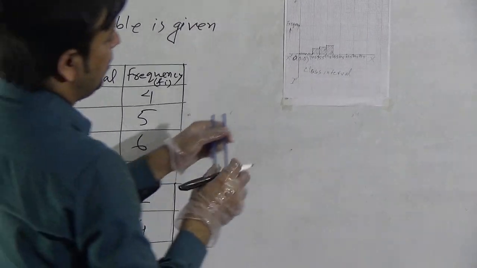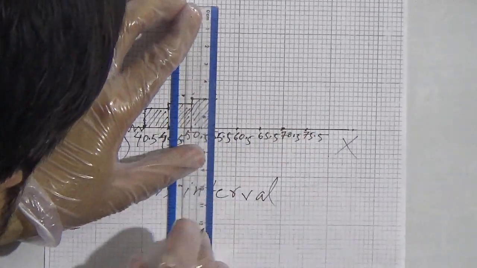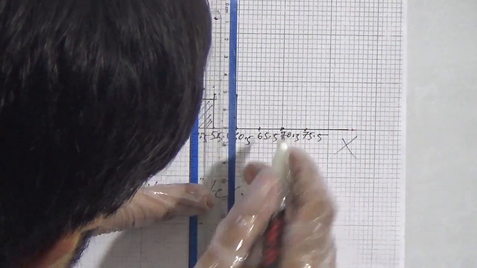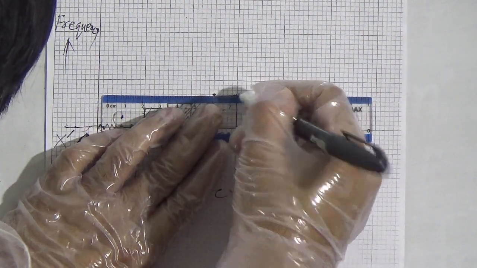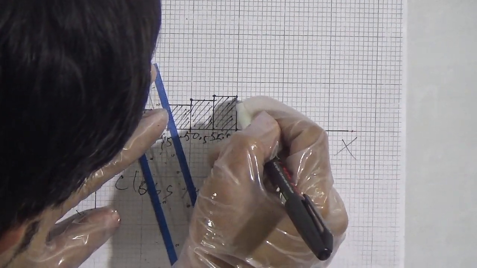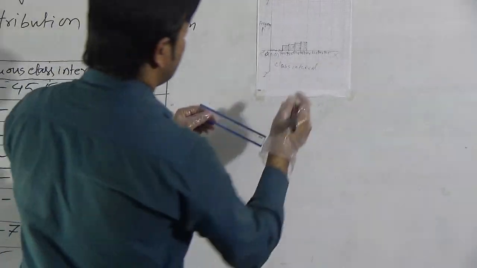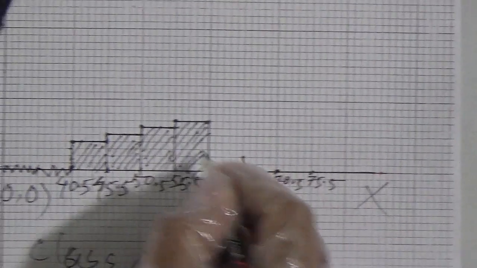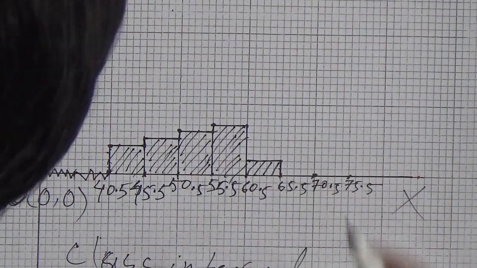Now 7, for 7, we can draw this rectangle. Now frequency is 2. So we have to go up to 2. 1, 2.